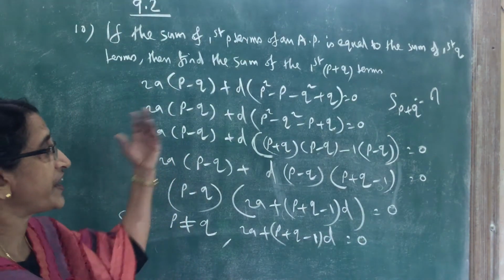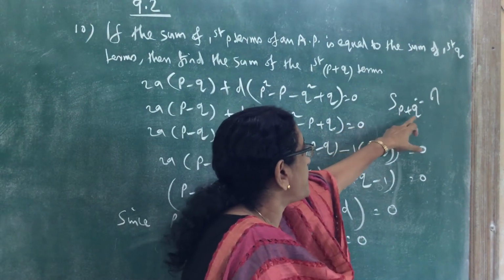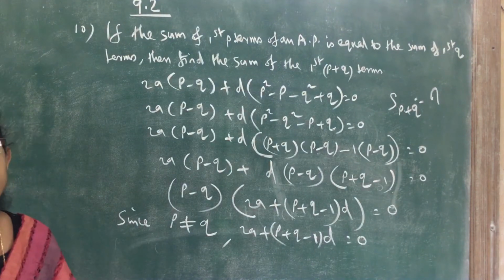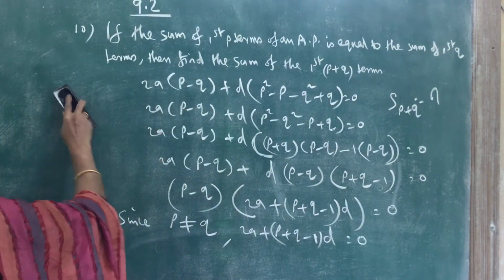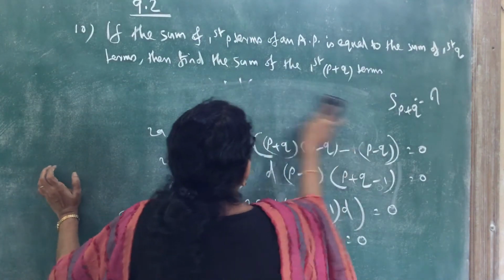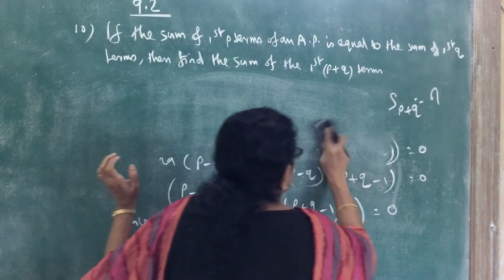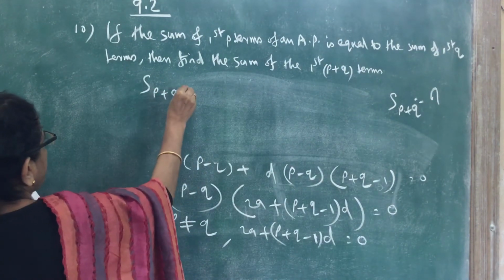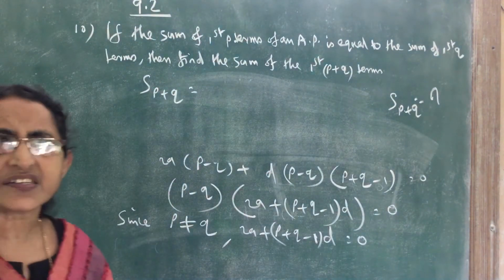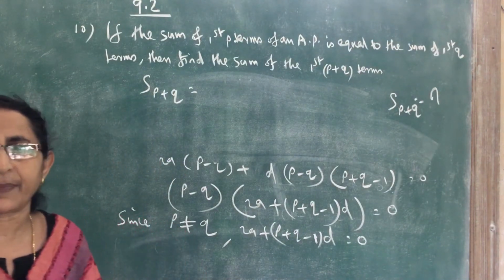Now what do we want to find? We want to find the sum of first p plus q terms. Therefore, S p plus q, the sum of first p plus q terms. Sum of n terms is n by 2 into 2a plus n minus 1 into d.